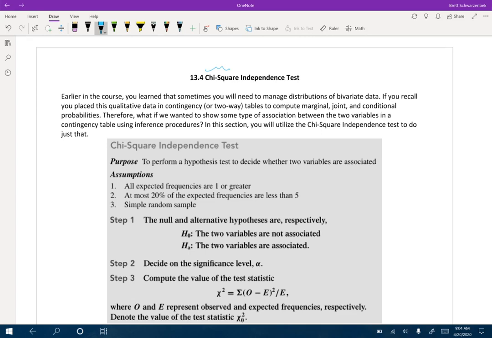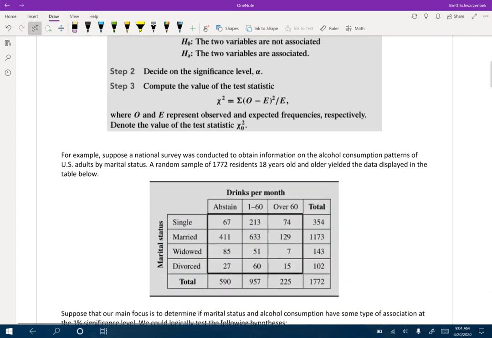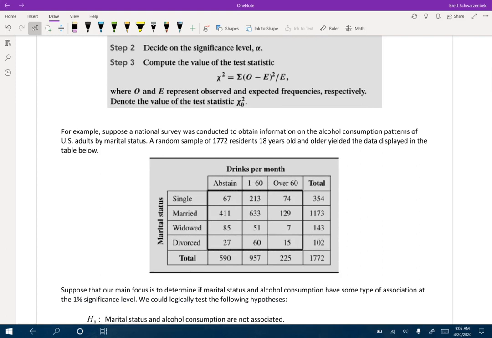test. So before we start that, though, just remember back in several sections back when we were talking about probability, we talked about a contingency table and how we can combine bivariate qualitative data into this type of table.